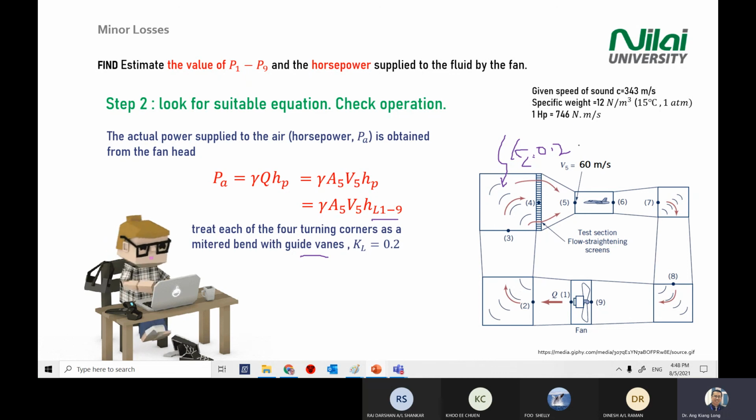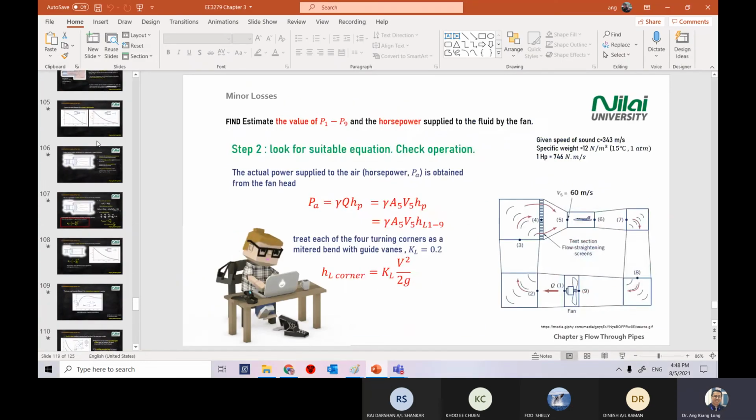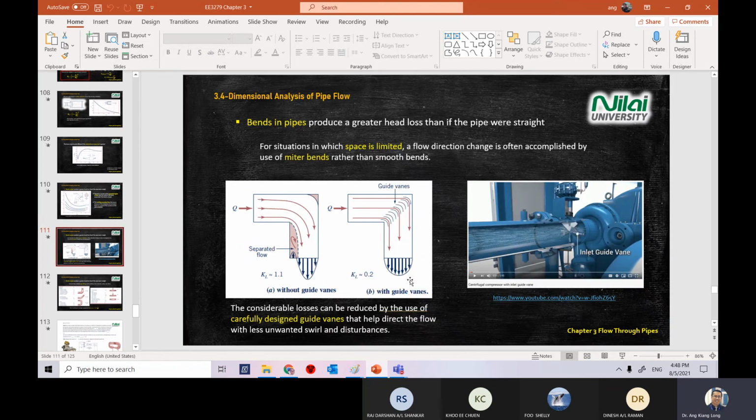There is experimental data collected for the guide vane, a chart for the guide vanes. If you look at the lecture slides, if you have a guide vane, your KL value is near 0.2, so we'll use this value in our analysis.